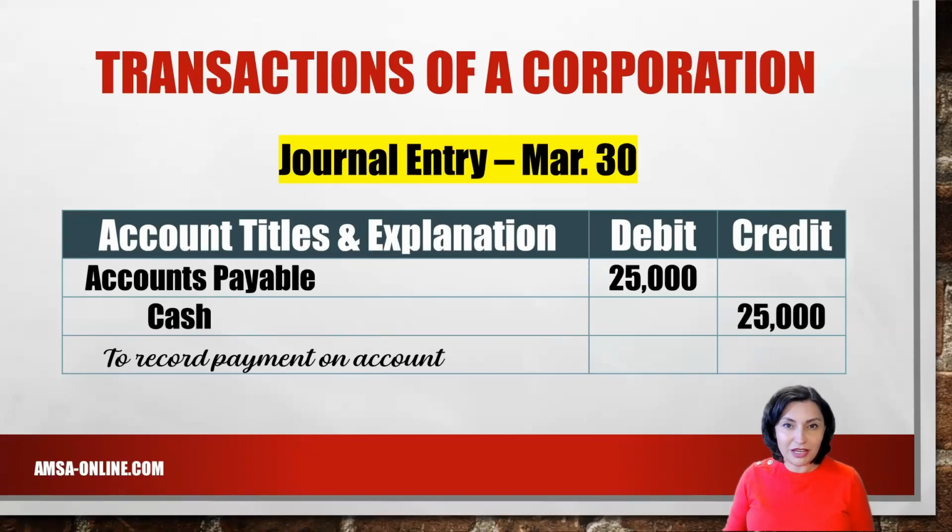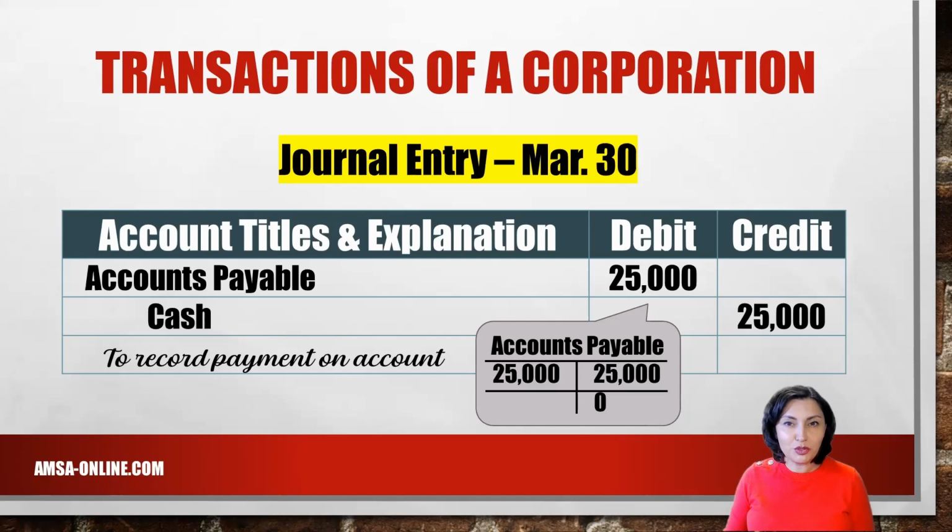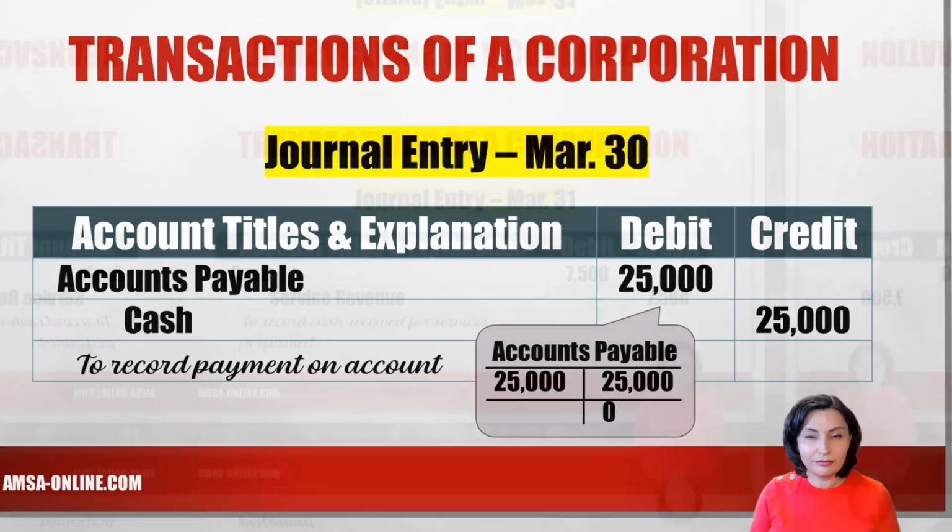When payment is made, the balance in the accounts payable account decreases. Since the balance was paid in full, the transaction is recorded as a debit or decrease in the accounts payable account for $25,000 and a credit or decrease in cash for the same amount.